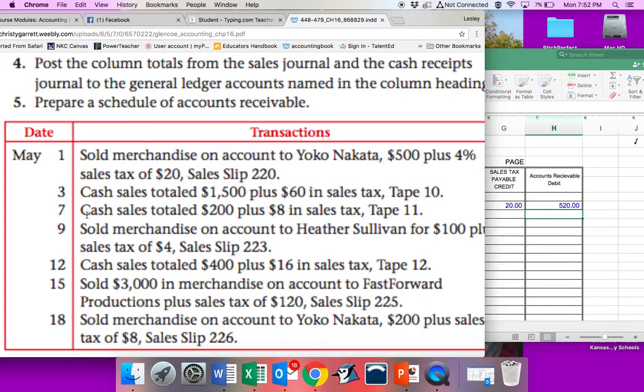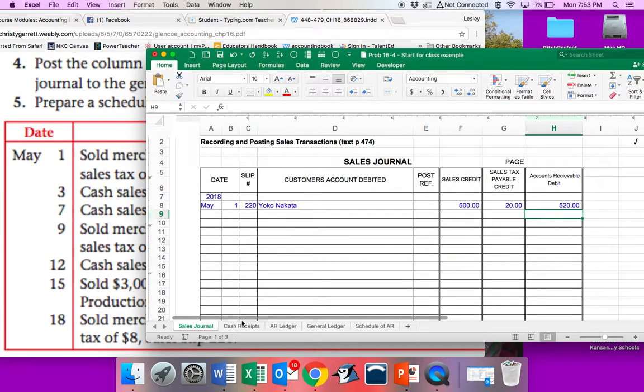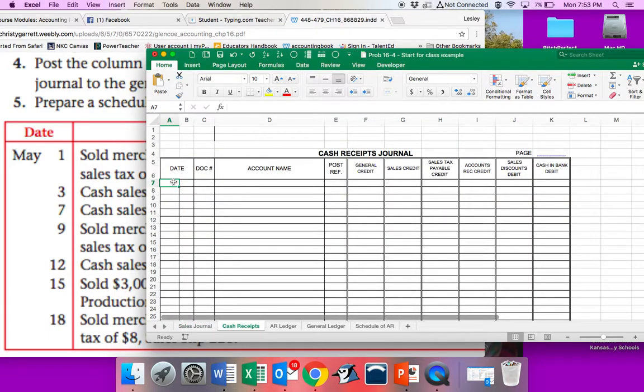Okay, next we have cash sales totaled $1,500 plus $60 in sales tax, tape 10. Cash sales means that we are going to the cash receipts journal. So we're going to put May 3rd, 2018.